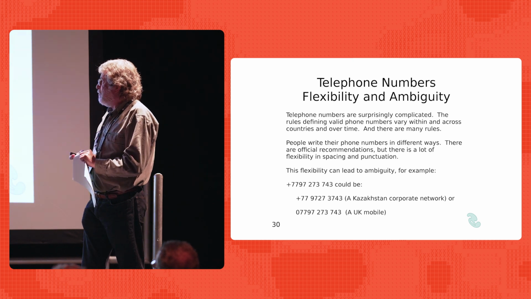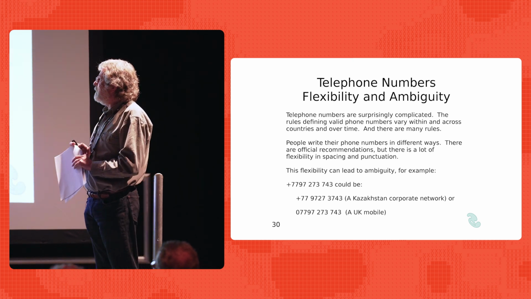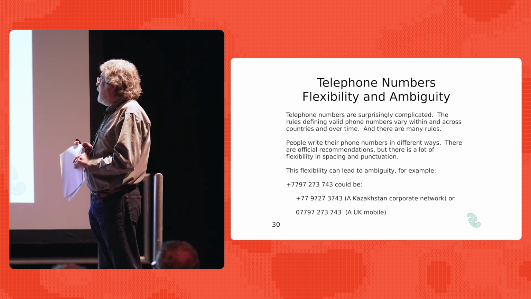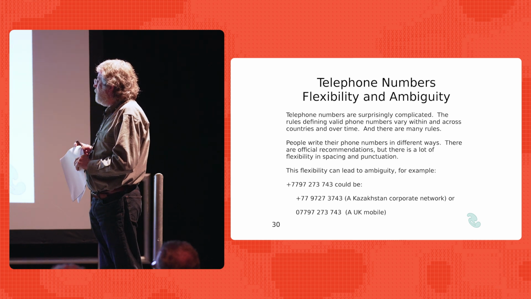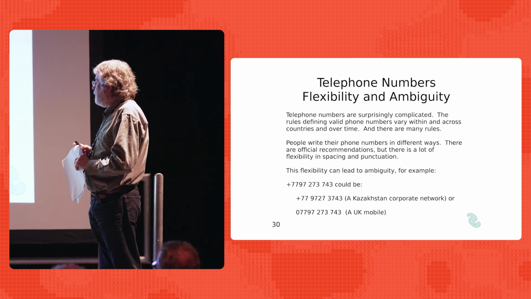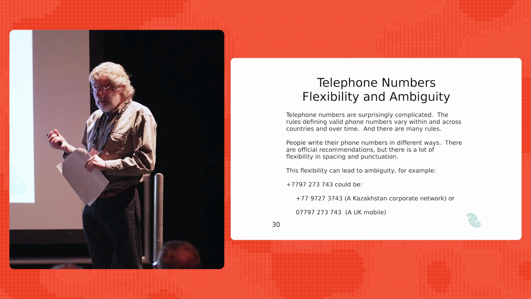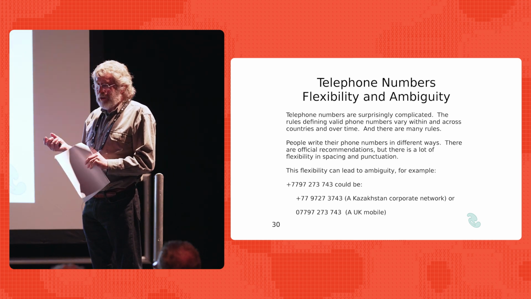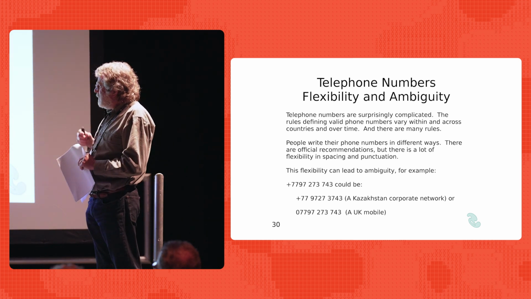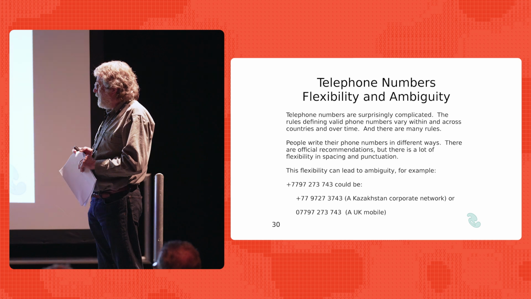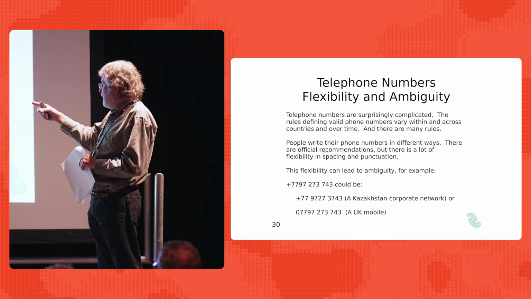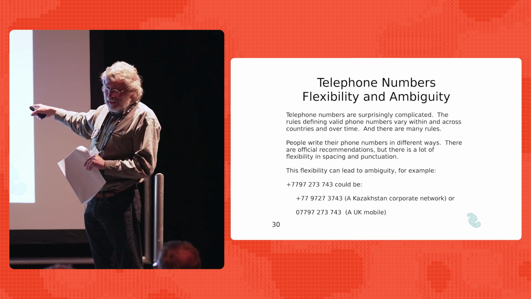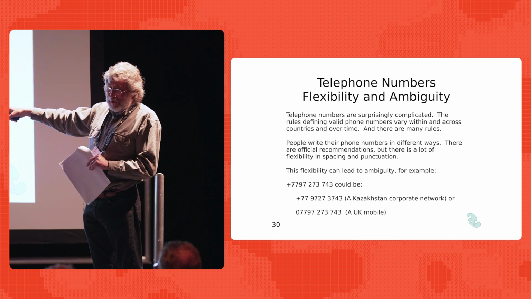Telephone numbers are really much more complicated than you might think. People do write their telephone numbers in different ways, and Ofcom actually says that you should be able to. That's fine. But if you write that one, it could be the country code for Kazakhstan, which is 77, and that number is some corporate network in Kazakhstan, but it's probably a UK mobile.